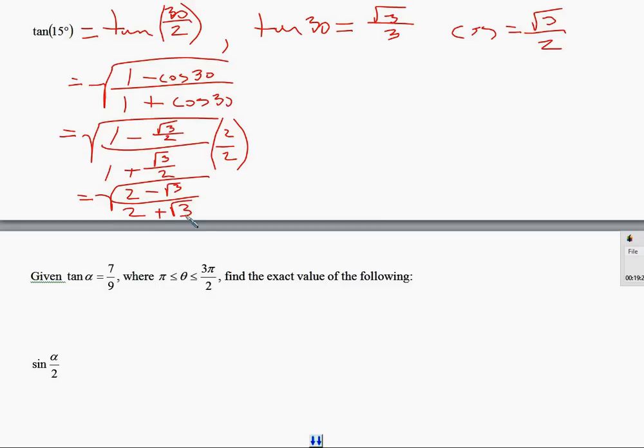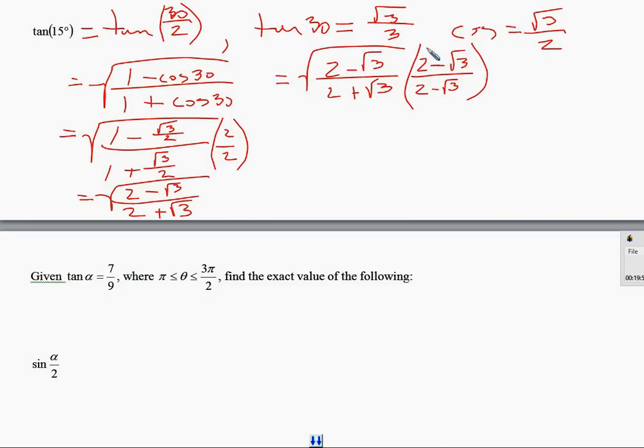We really don't want the radical in the denominator, so we're going to go ahead and attempt to rationalize it, and we're going to use the conjugate pair to do that. So over here, I'm going to rewrite that, 2 minus radical 3 over 2 plus radical 3. I'm going to multiply top and bottom by 2 minus the square root of 3.